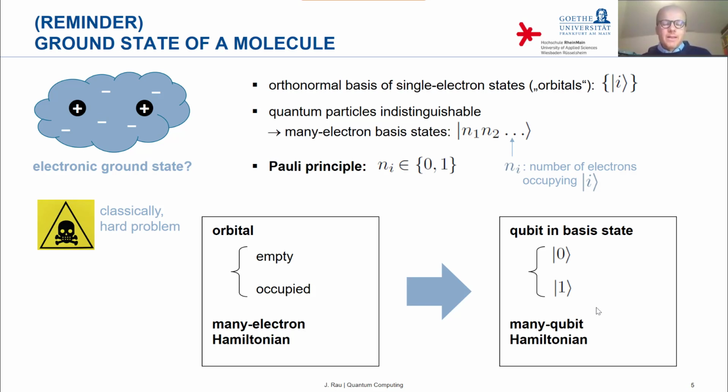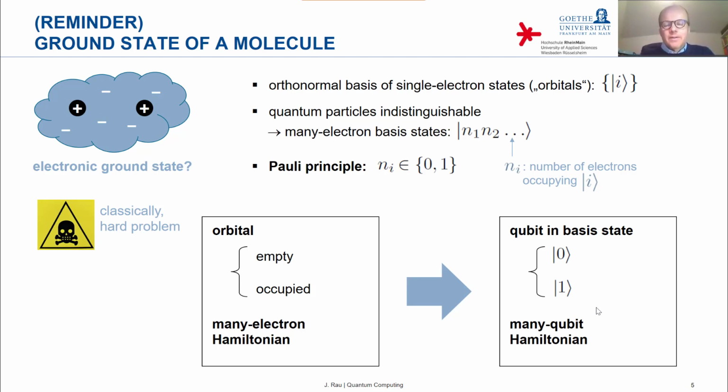This map is not a trivial affair, and I didn't talk about the techniques for doing that, and I won't do that today. I just wanted to sketch the basic idea that you can map the one problem to the other problem for qubits.